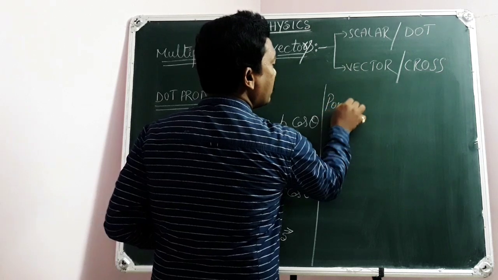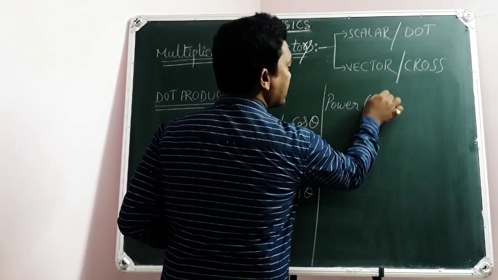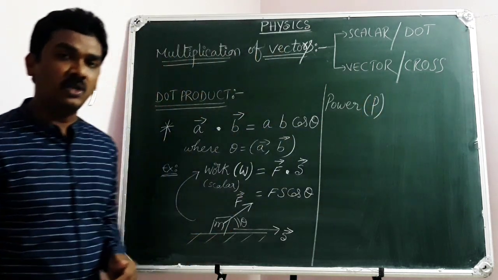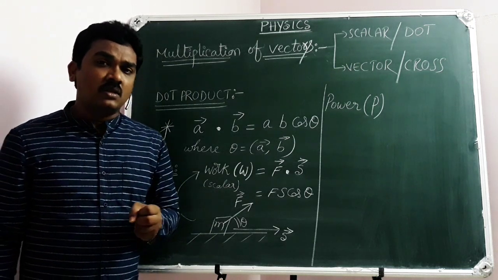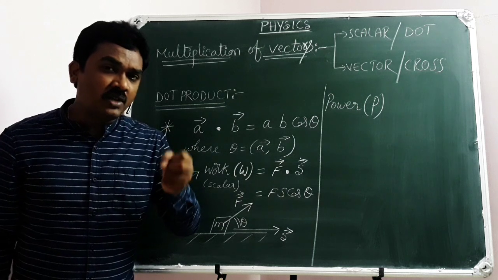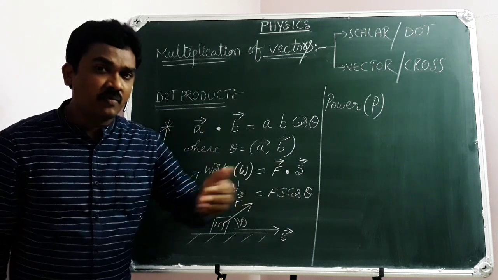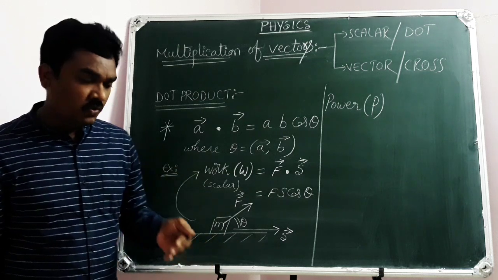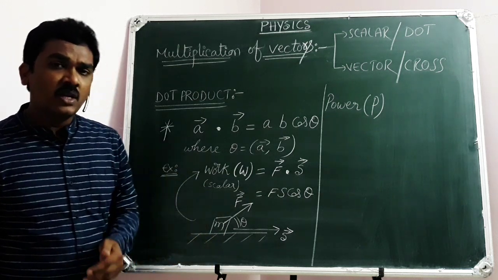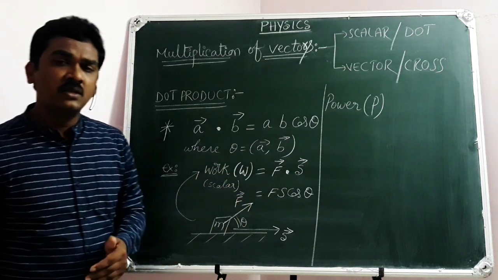Power, which is another physical quantity in mechanics, power P, capital P, explains the rate at which work is being done. Means comparing your work done with respect to time. Are you finishing this work in 5 minutes? Are you finishing this work in 2 minutes?